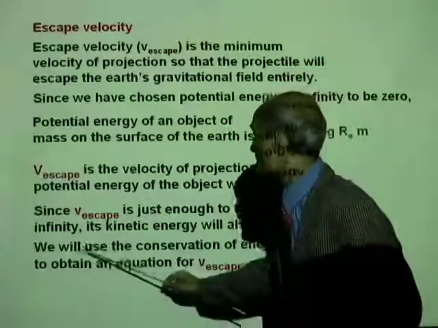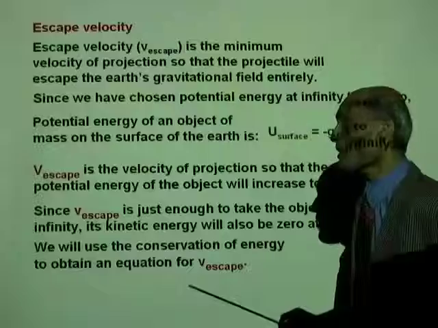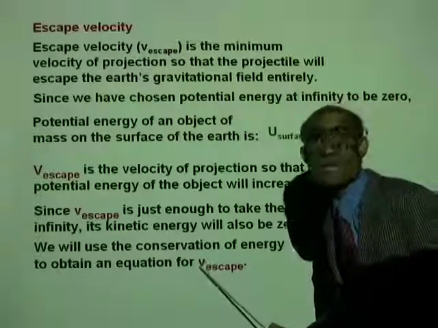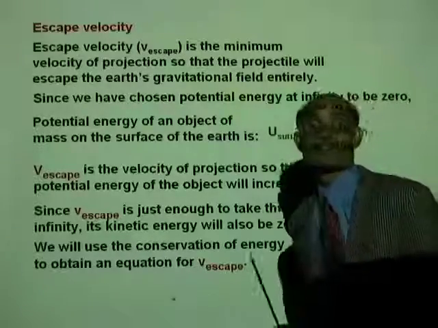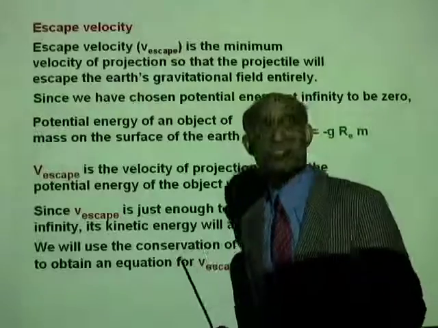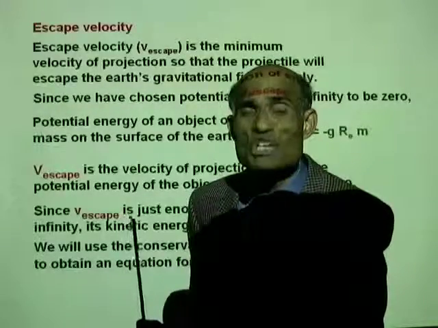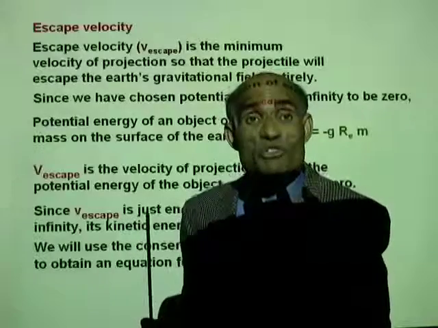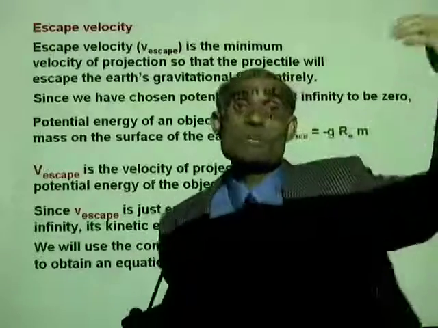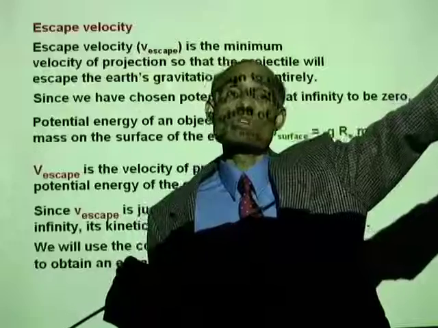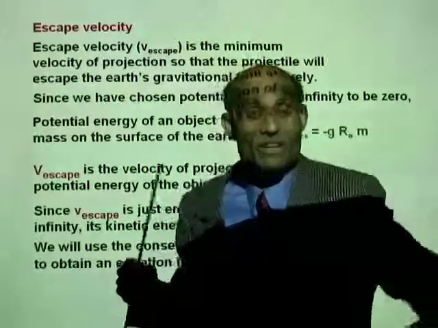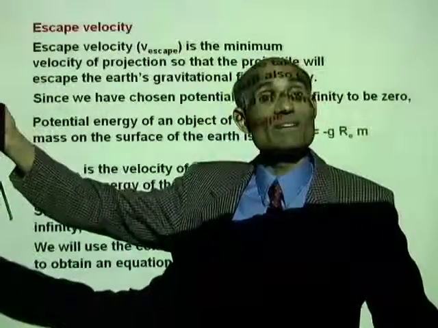Okay, we will now use the conservation of energy to obtain an equation for the V escape. What is the conservation of energy? The total potential energy and kinetic energy on the surface of the earth must be equal to the total potential energy and kinetic energy at infinity.